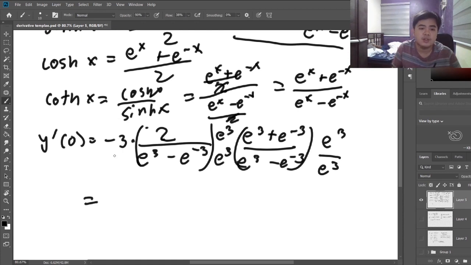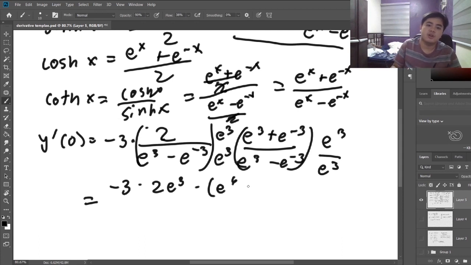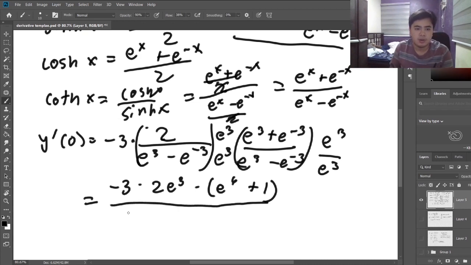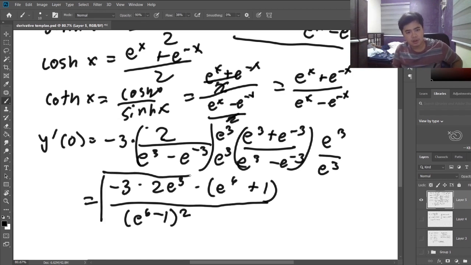So we get negative 3 times 2e^3 times, then we get e^6, since 3 plus 3 is equal to 6. Then negative 3 plus 3 equals 0, so that's e^0, which is 1. Over the bottom here we get e^6 minus 1, and the same thing happens here, so it's squared here. So that can be your final answer.